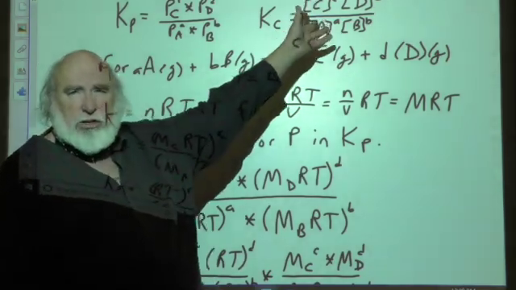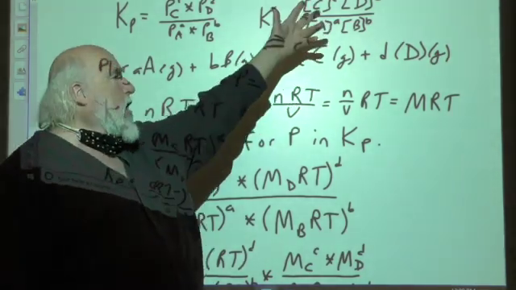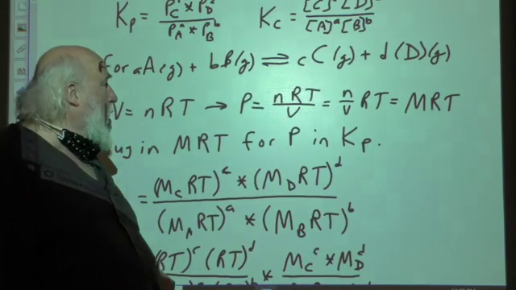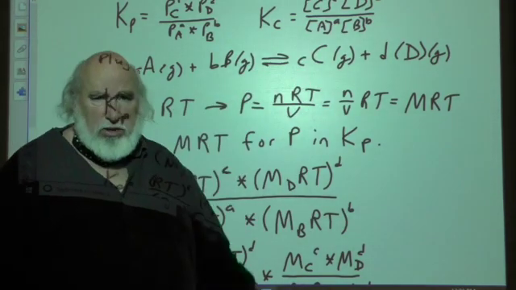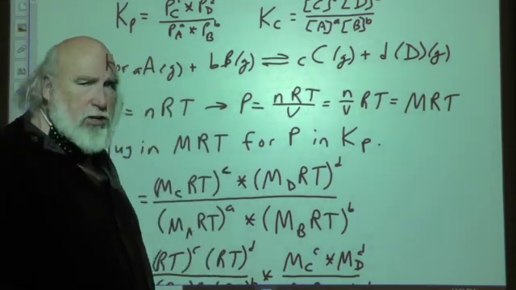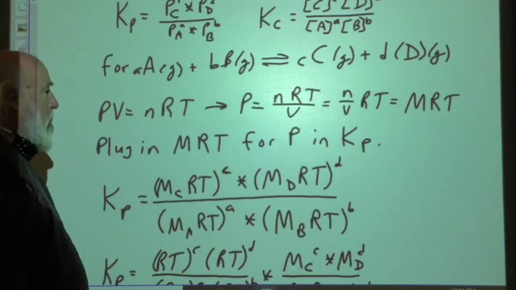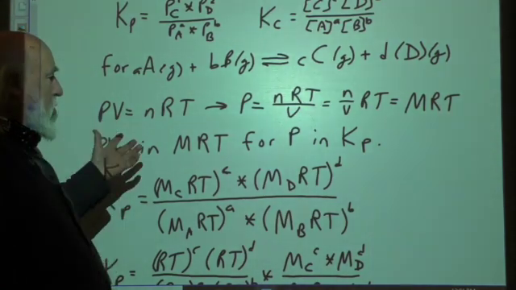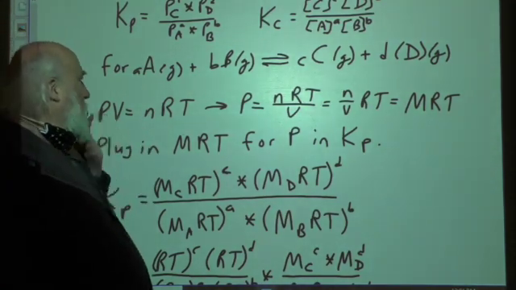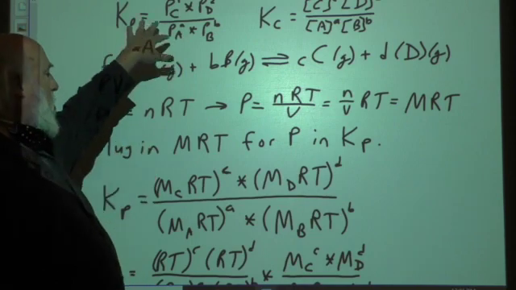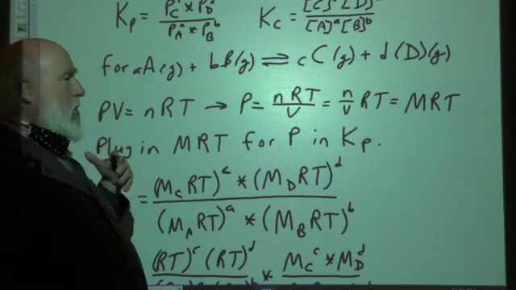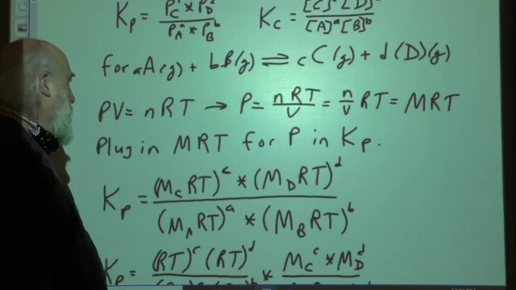It's the concentration of C to the little c power times the concentration of D to the little d power over the concentration of A to the little a power times the concentration of B to the little b power. Now, we can rewrite in terms of pressure, and since this is all about pressure right here, what I'm going to do is relate the two together.